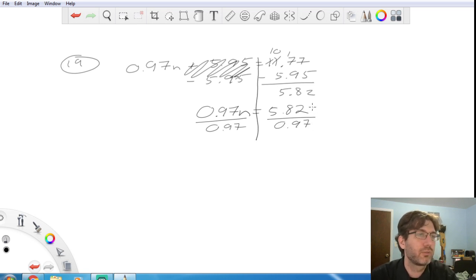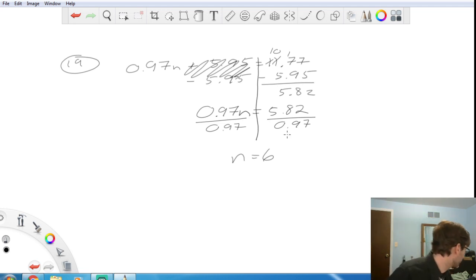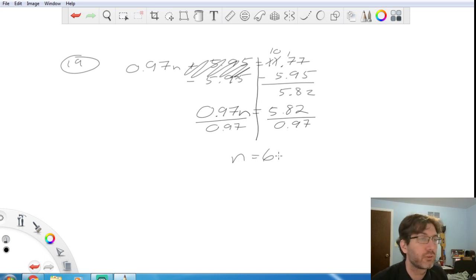Again, I'm just going to use a calculator for it. 5.82 divided by 0.97 gives me 6. N equals 6. This is a word problem, so there are units to it. To find the number of pencils he bought, 6 pencils. So that was 19 for you, Christian.